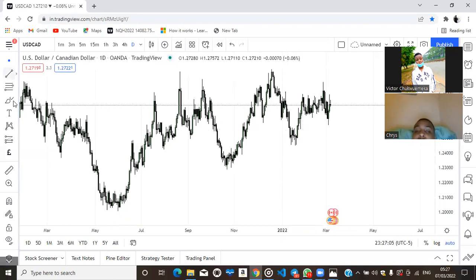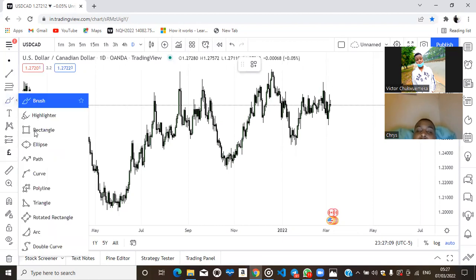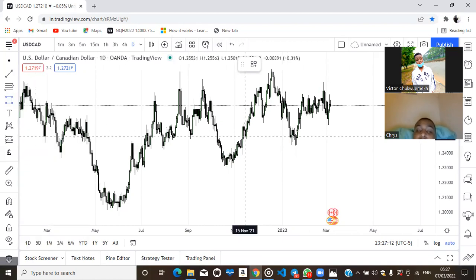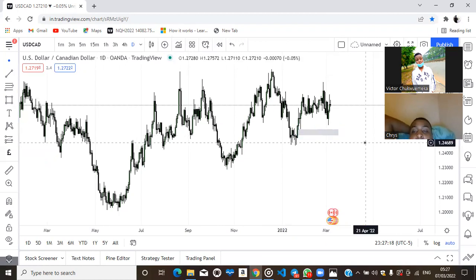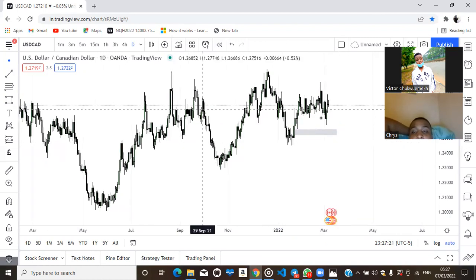Let me mark out this area, bro. I see imbalance on the daily. This daily price could possibly target this imbalance.